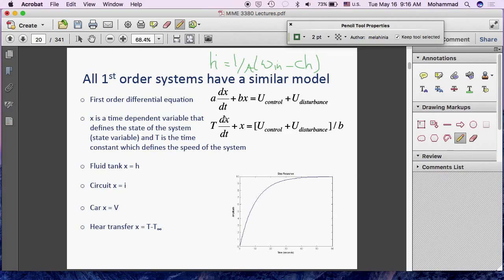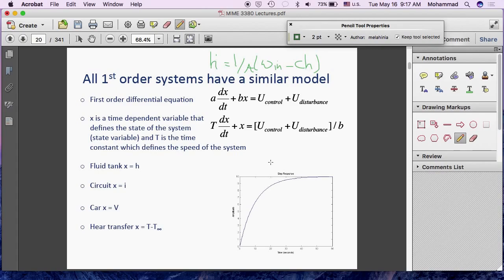You just bring ch to the other side and multiply both sides by a to get rid of that denominator, because in both of these standard forms, the input, which in this case is wn, is not multiplied by anything. You can do that by simply moving terms around and multiplying by things.